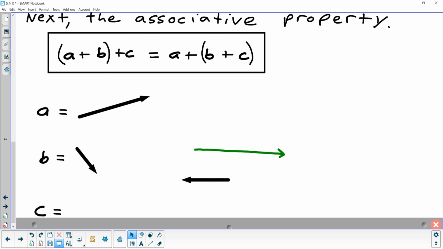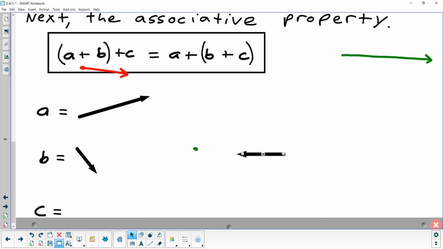So I'm going to add C on the end of it. The green one's almost straight, but it does come down just a little. And now connect where I started to where I stopped. And that's the answer, doing it the way on the left.